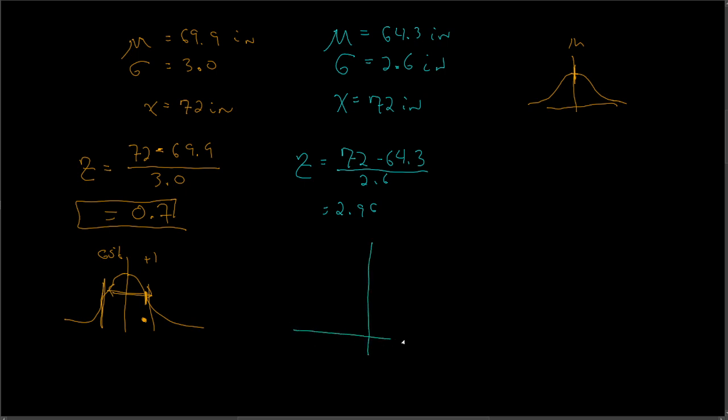So again, going back to our normal distribution, recognizing that 68% is between plus 1 and minus 1 standard deviation, the 3 standard deviations are out here.